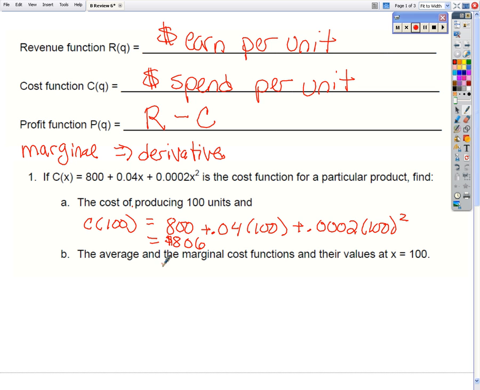Okay, the average cost is your cost function divided by the number of units, not the Q. So I'm going to take every term and divide it by Q. We're using X in this case. Sorry about that.